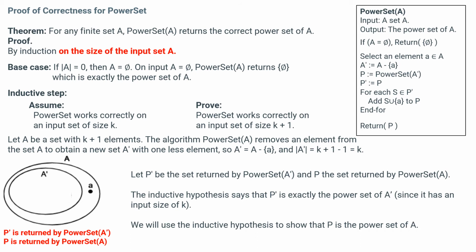So we'll get started. As I said, it's not as simple as that last proof that we did. So we're on the inductive step. We're going to assume for the inductive hypothesis that P prime, what comes out of the algorithm if we pass in A prime, is truly the power set of A prime.